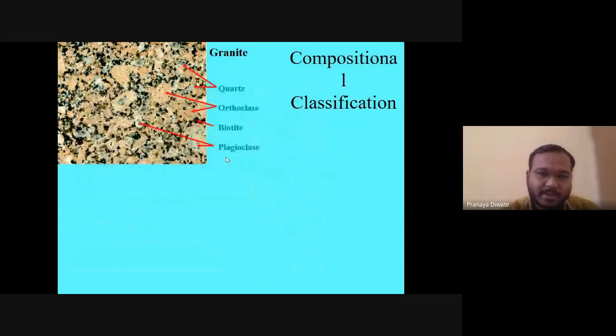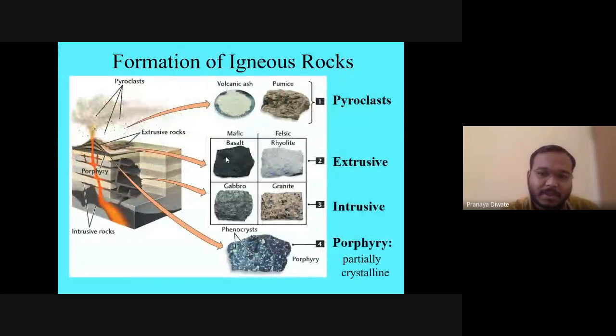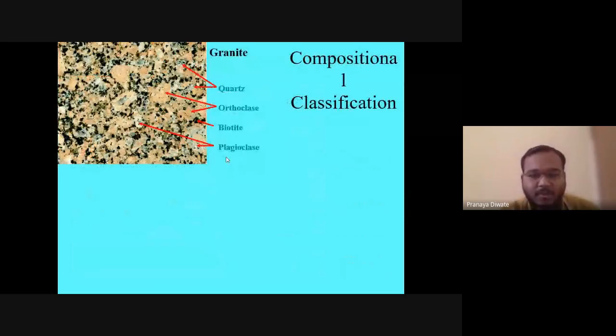And you can see the different rock types. Now you can see granite, and how we can classify on the basis of composition. The primary classification of igneous rock is by composition. As igneous rock is made up of different minerals, mineralogical composition is the key component to classify any igneous rock.